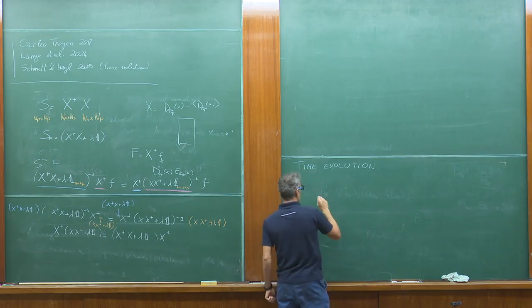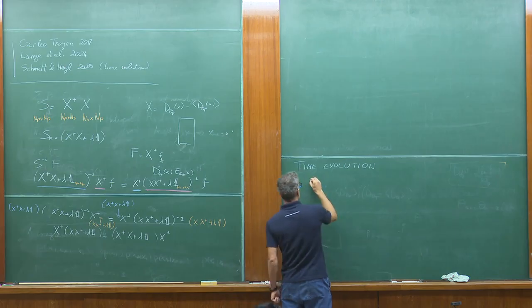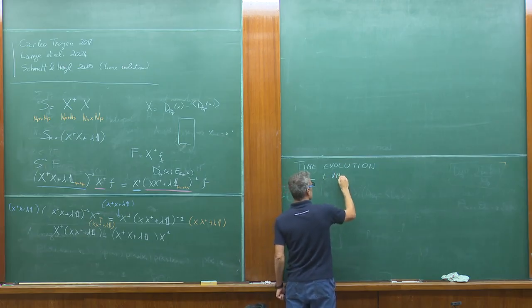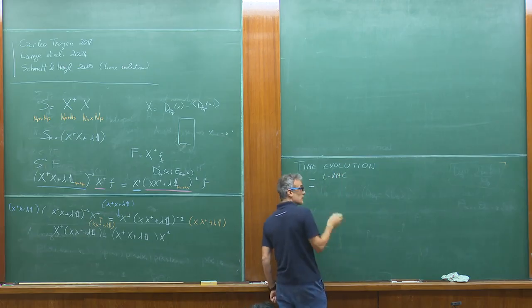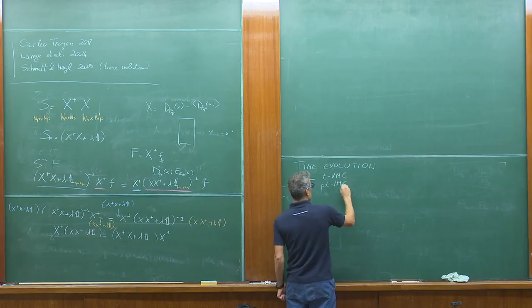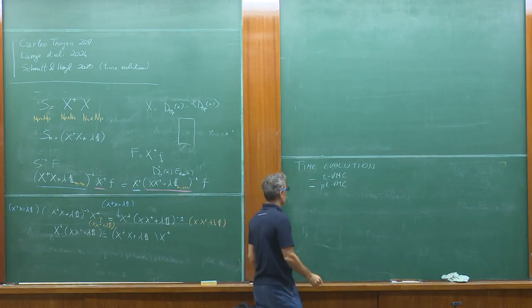Okay, time evolution. I wish I could derive it for you, but let me just show you how we get to describing the time evolution, and I will describe to you two main methods. One is TDVMC, time dependent variational Monte Carlo, and the other is known as PTDVMC, projective time dependent variational Monte Carlo.